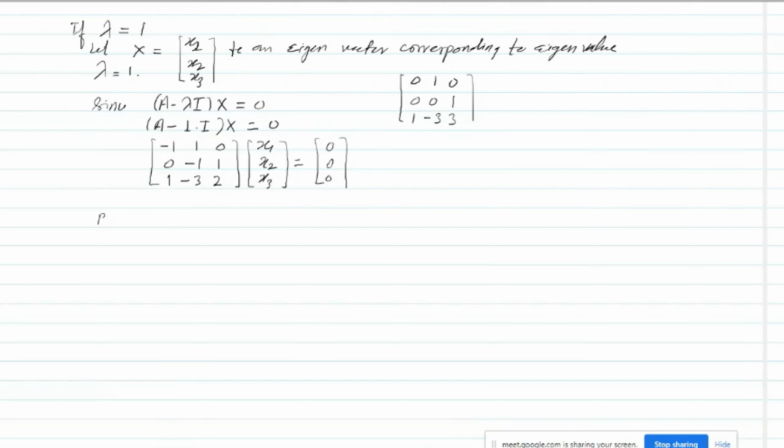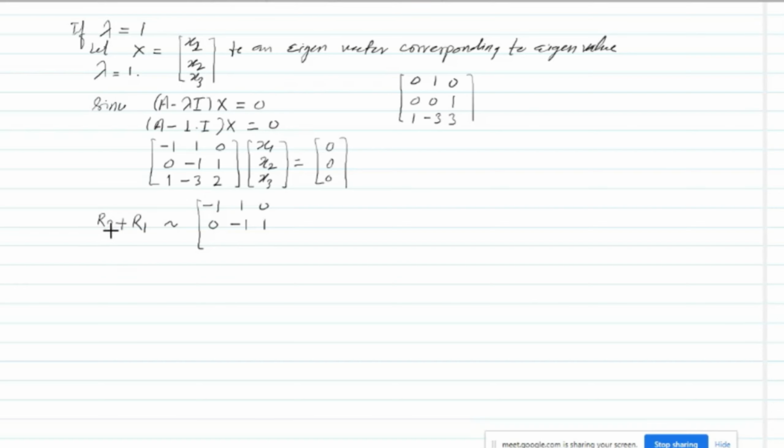Just using this element, we make this 0. So what is the procedure? R3 plus R1, just add this. So you will get the first row as it is: minus 1 1 0. Second row as it is: 0 minus 1 1.